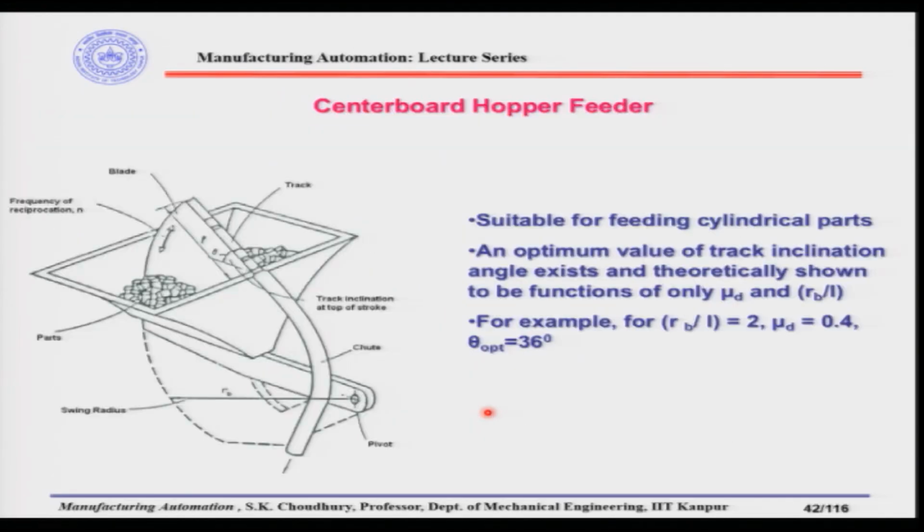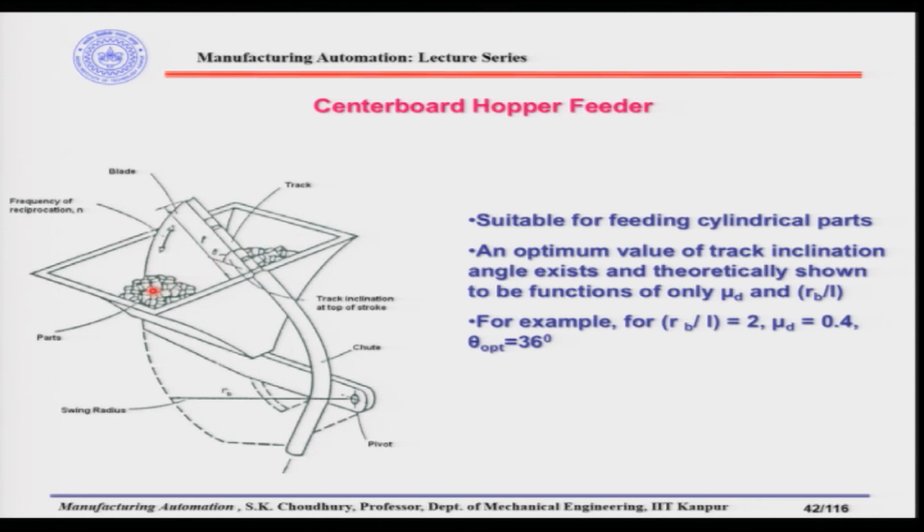Next we will look into another hopper feeder. This is called the Centreboard hopper feeder, and from the name you can find out from the diagram given in this picture. This is a pictorial view. Here there is a bowl, and inside the bowl we have the mass of the parts.